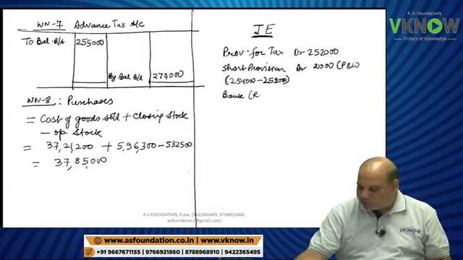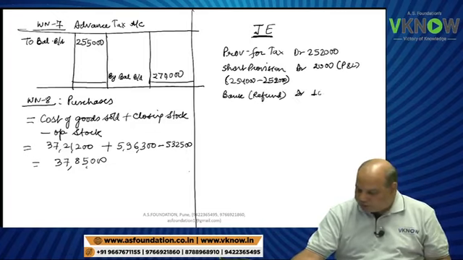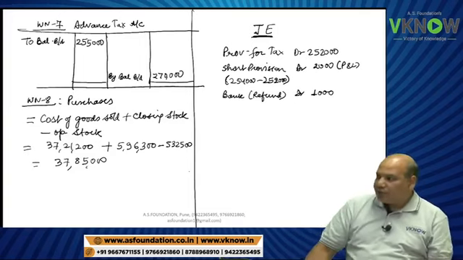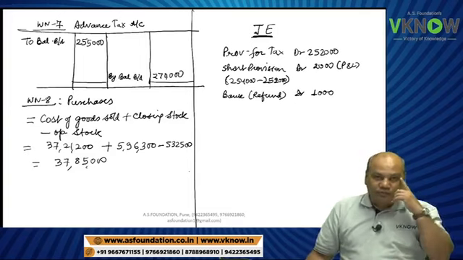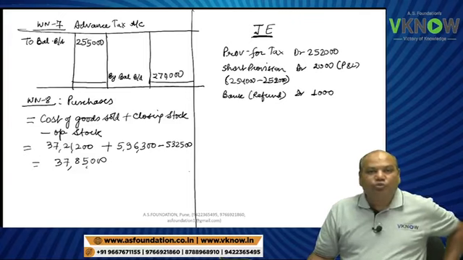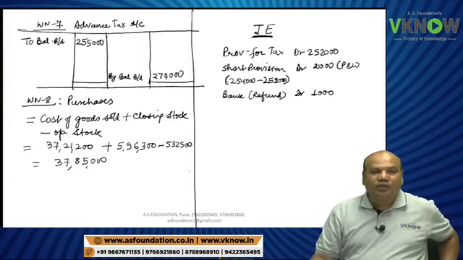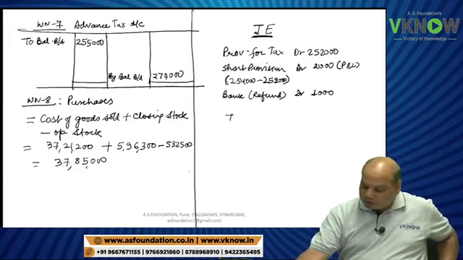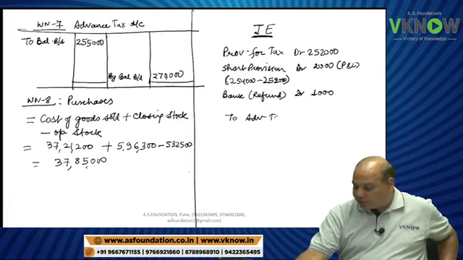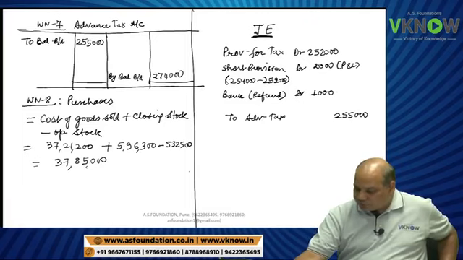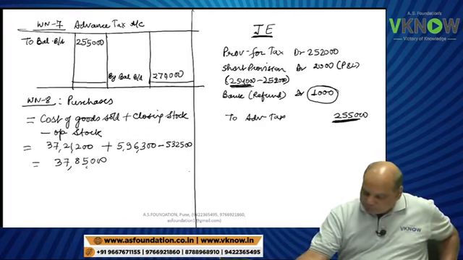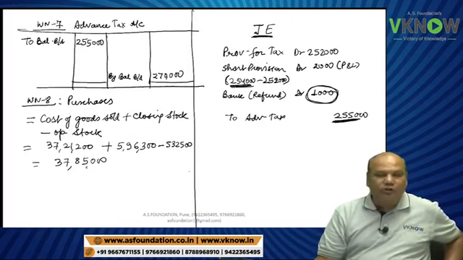Bank account debit refund 1,000, because we have paid advance tax more than the income tax liability, and credit side to advance tax 2,55,000. So we have to pay 254, we have paid 255, so 1,000 refund was received.